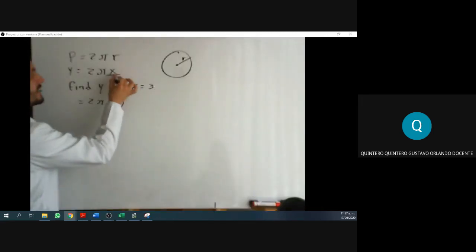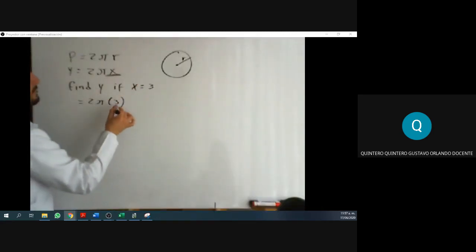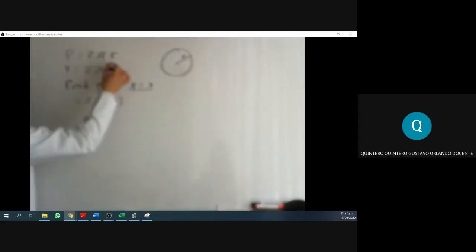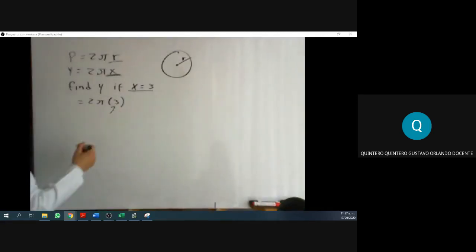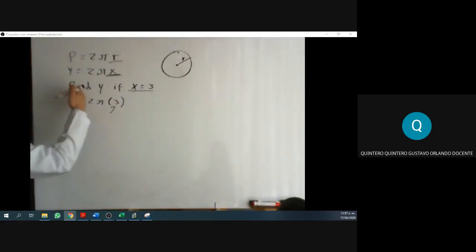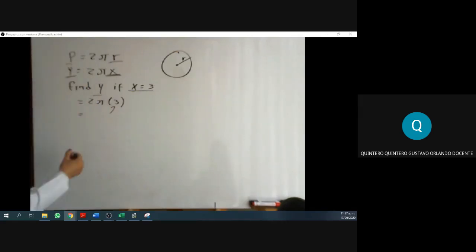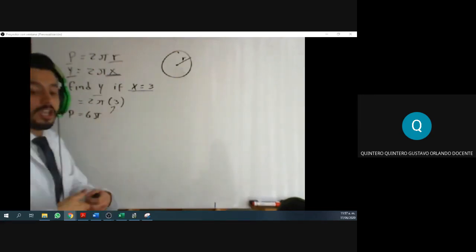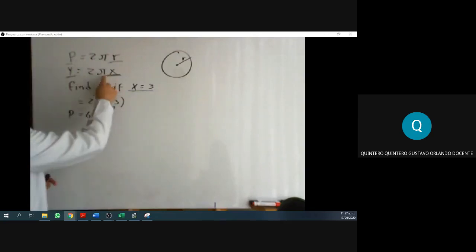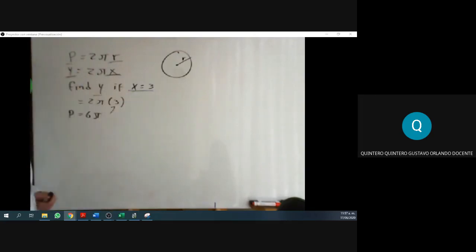Using the function means replacing the value of x, the independent variable, in the function. This gives me a value for the dependent variable, y, our perimeter. In this case, the perimeter will be 6 pi. This is how we use a function: we replace x, and we find y.